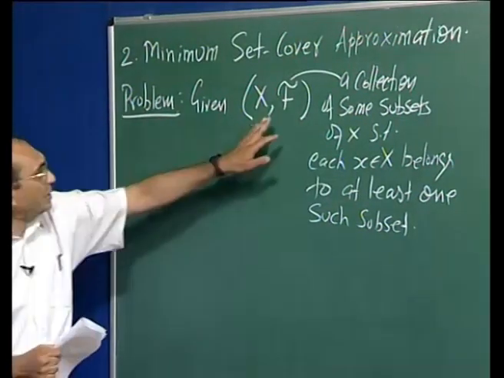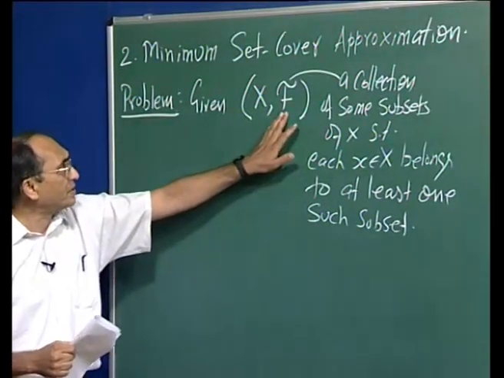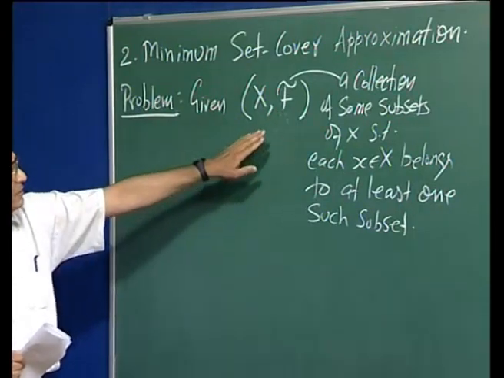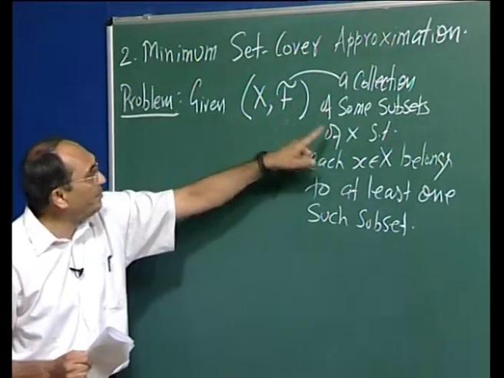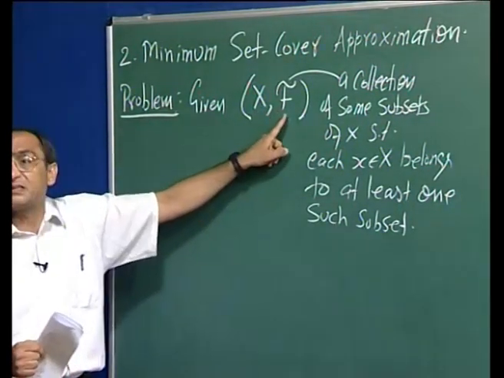So we may not have all the subsets of X, but sufficient in a way that every member of X is present somewhere.